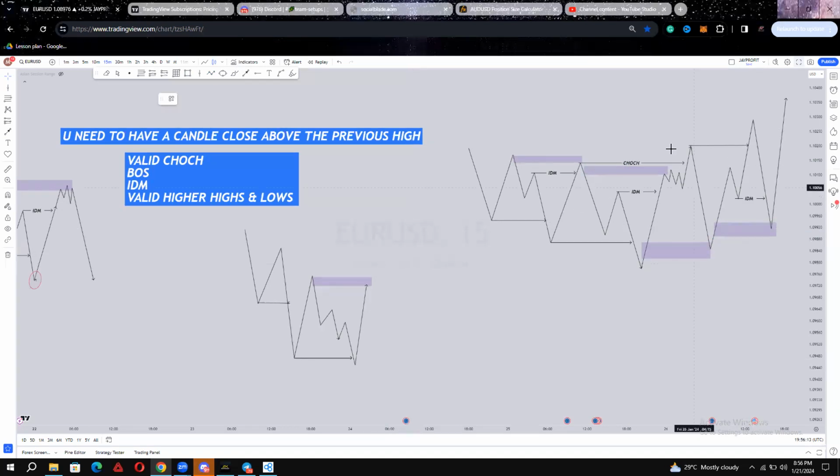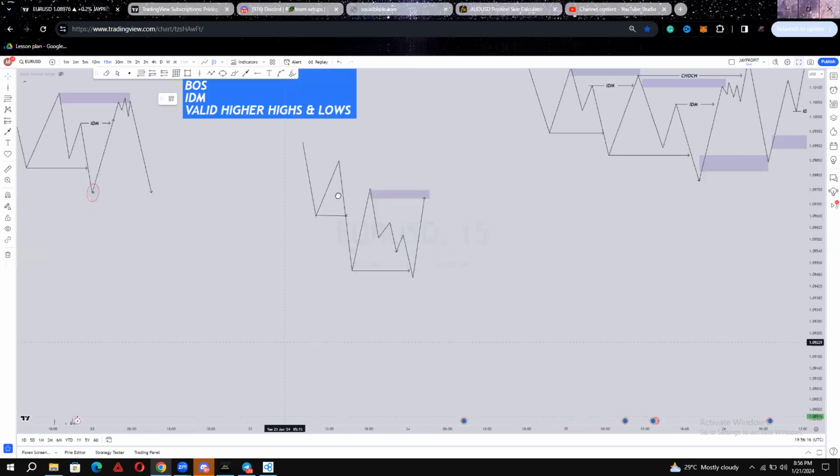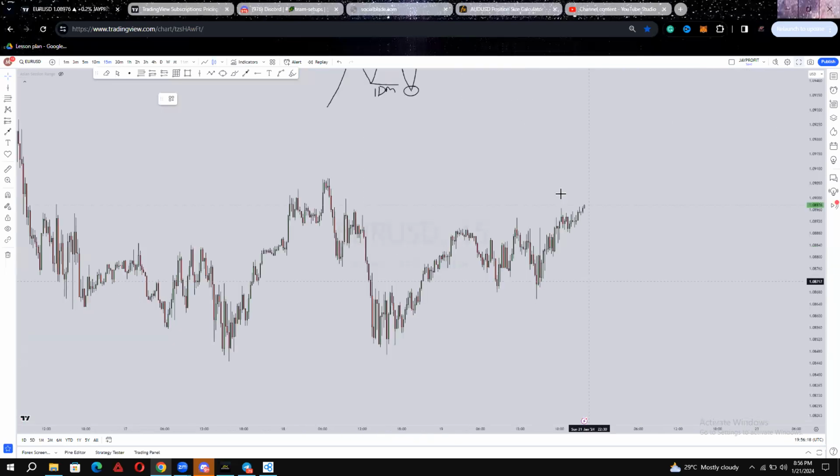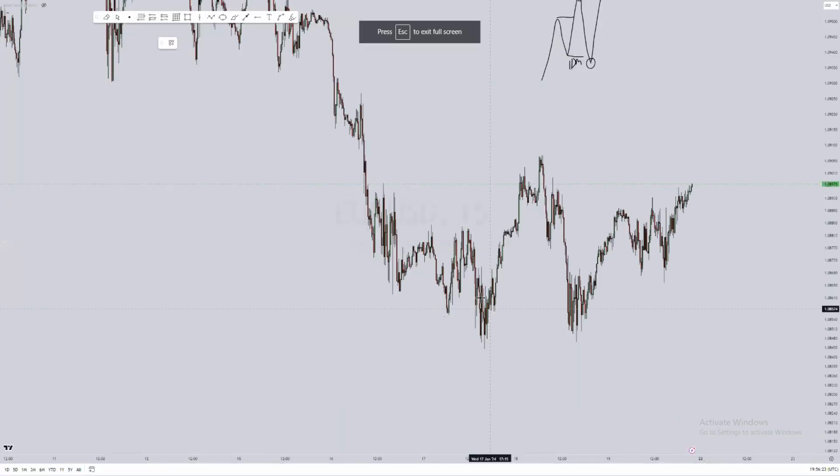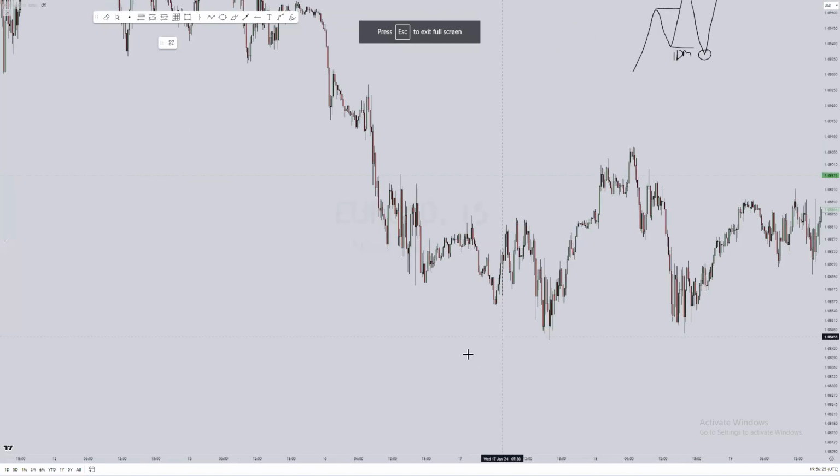Now, an example of change of character to start off with is this EURUSD right here that happened last week. Now look at EURUSD. Let's pay full attention here. Looking at EURUSD right here, what can we see?